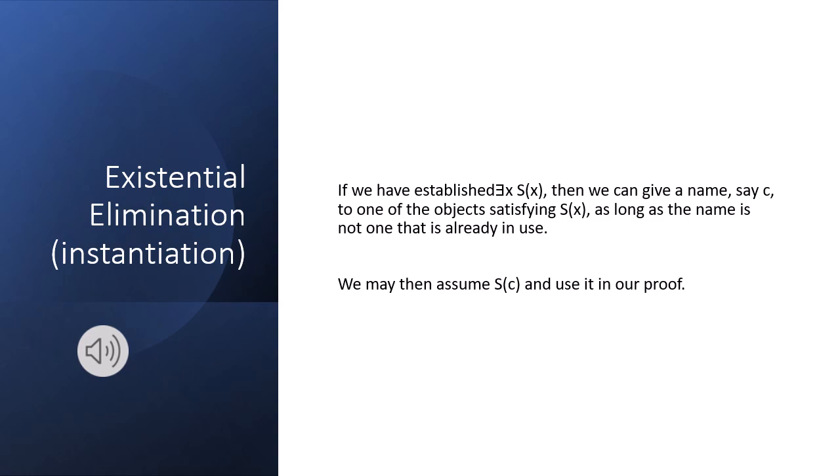If we've already established that the existentially quantified statement, there exists an x, S of x, is true, then we're free to give a name, let's call it, say, c, to some object in our domain of discourse that satisfies this predicate S of x, as long as that name is not already in use somewhere in the language.